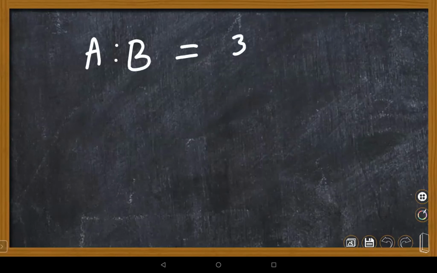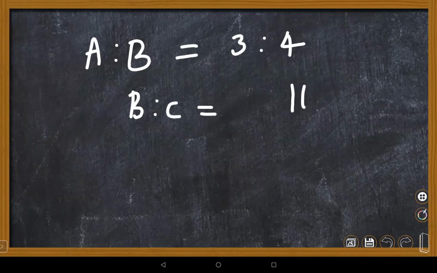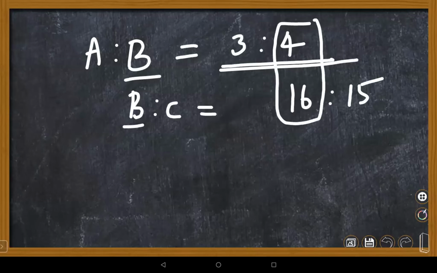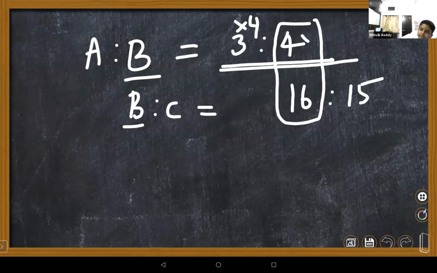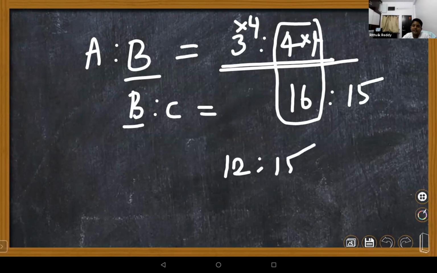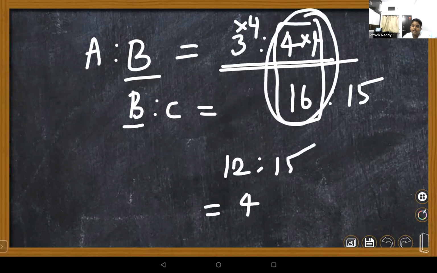B is to C is given as 16:15. Both B values should be equal, because here B, here B. So you need to raise your first fraction with 4, since 4 4s are 16. 3 4s are 12, so 12:16. Then 16 and 16 we can cut off, and 12:15, and then we simplify, we get 4:5.